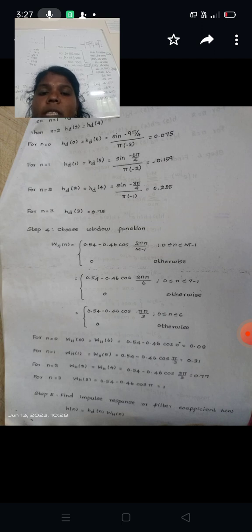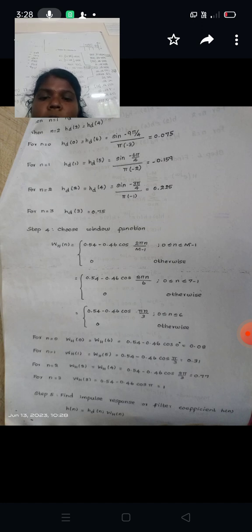Here the limit is also 0 to m minus 1, that is 0 to 7 minus 1, that is 0 to 6. Here also we have to find wh of 0 to wh of 6. The condition is the same, wh of 0 equal to wh of 6. For this we have to substitute the values of n starting from 0.